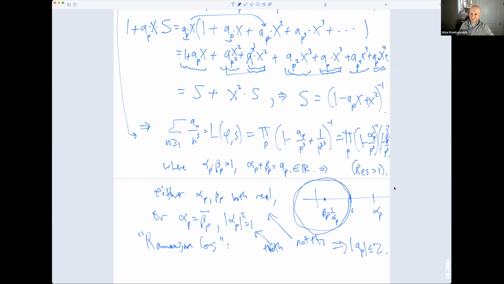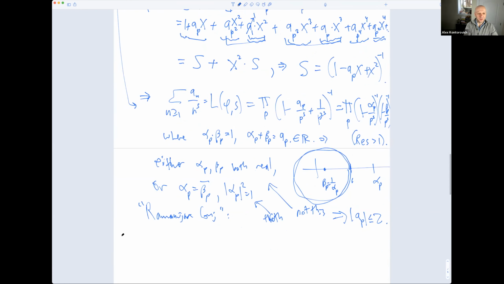It's actually very easy to prove. So Hecke proved the trivial bound. The trivial bound is that the a_n are bounded by n to the 1/2 times some constant. Let me prove that for you, because it's something very simple to prove.